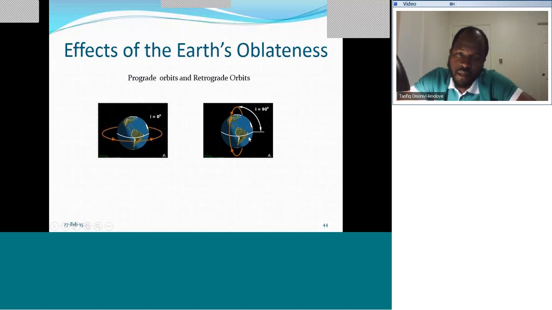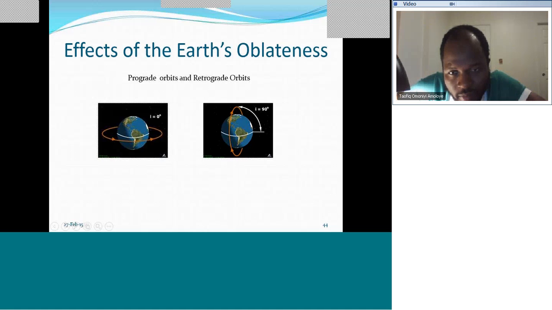Then you can now have orbits inclined to the equatorial plane, that is, having i equals some angle less than 90 degrees. If we were to draw it on this image, it will be something like that.